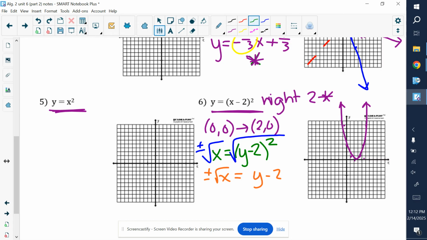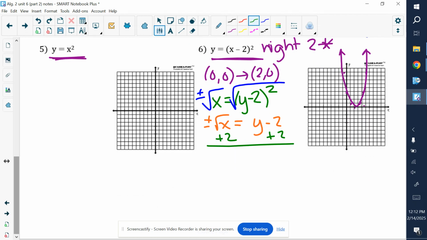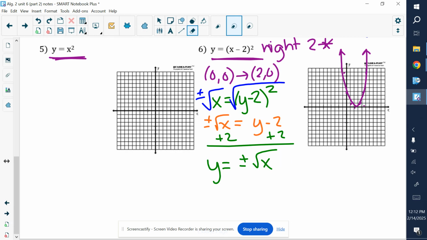One more step to get y by itself is to add 2 to both sides. So then I have y equals plus or minus the square root of x plus 2. Oops, I should make it clear that that plus 2 is not under the radical. Maybe I should have written it out in front.